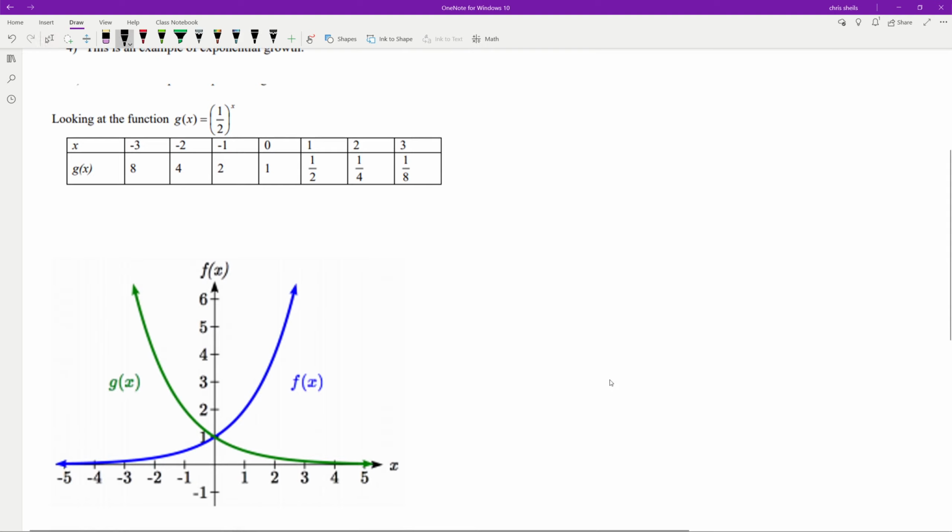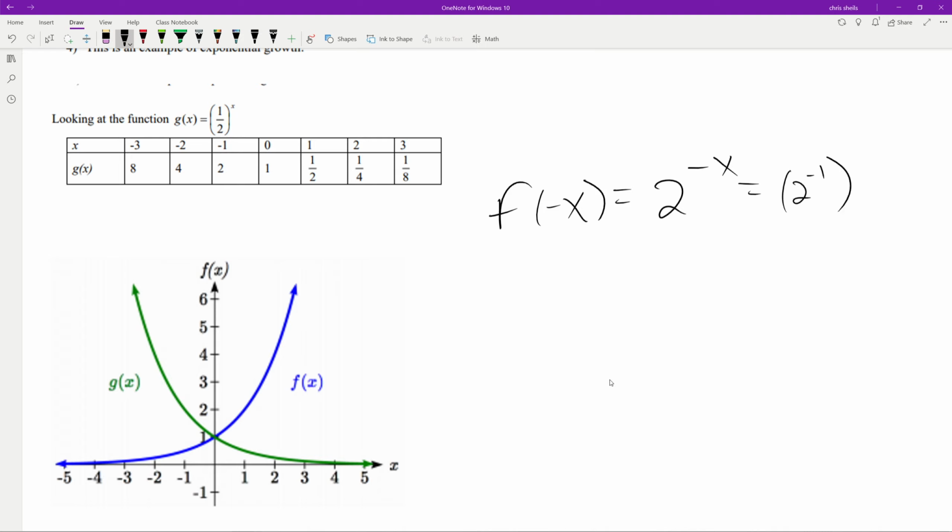This should make sense because if I find f of negative x, this would have been 2 to the negative x, which is the same thing as 2 to the -1 raised to the x power. And this is the same thing as 1/2 to the x power. So we see that these two functions, f of x and g of x, are reflections of one another.